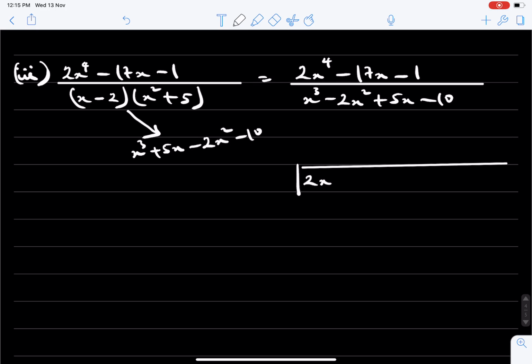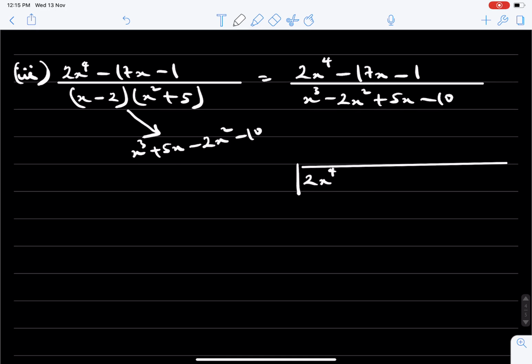So x to the power 4. There's no x cubed term, so I'm going to write plus 0x cubed. No x squared term, so I'm writing plus 0x squared minus 17x minus 1, divided by x cubed minus 2x squared plus 5x minus 10.